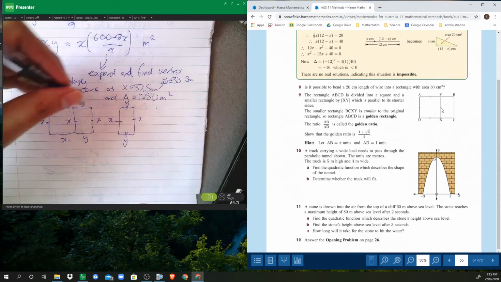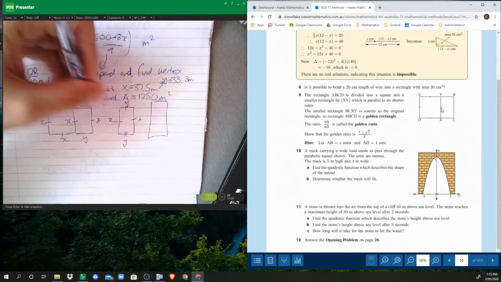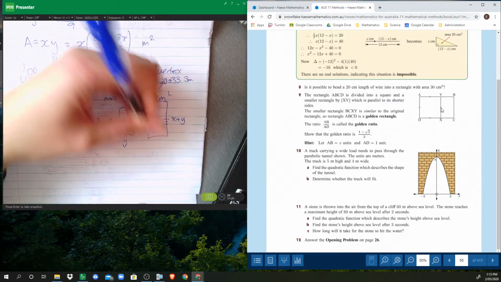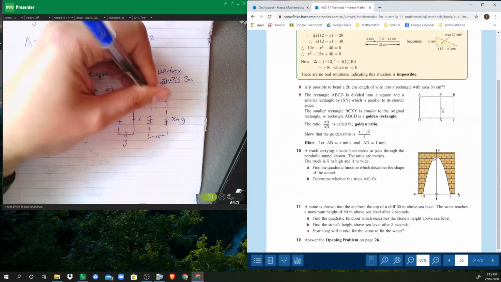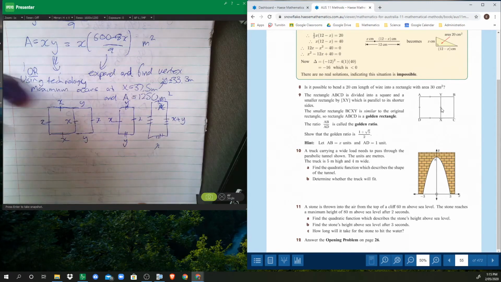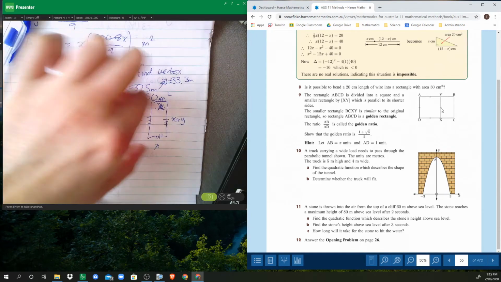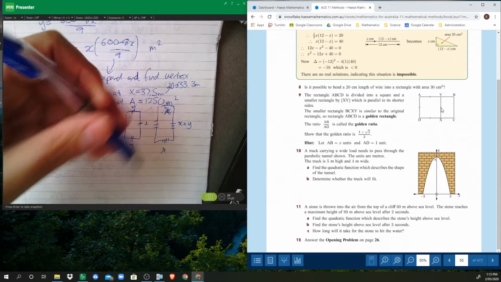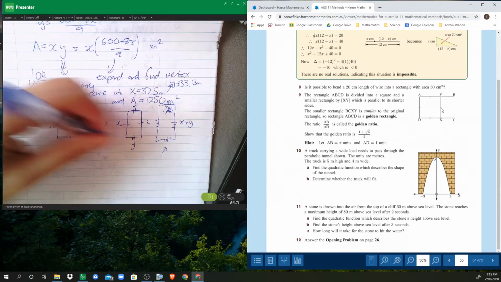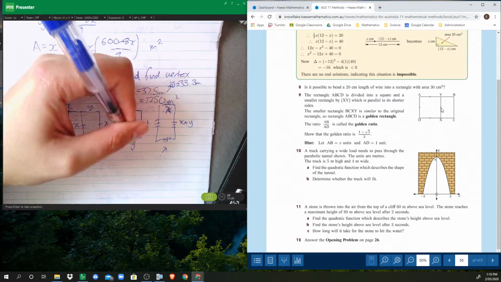In the larger rectangle, the long side is X plus Y, and these sides will be X. I've copied the smaller rectangle over here, and turned the large rectangle around to put it on the same scale. When you have something similar, you can work with the ratios. So X plus Y divided by X equals Y divided by X.